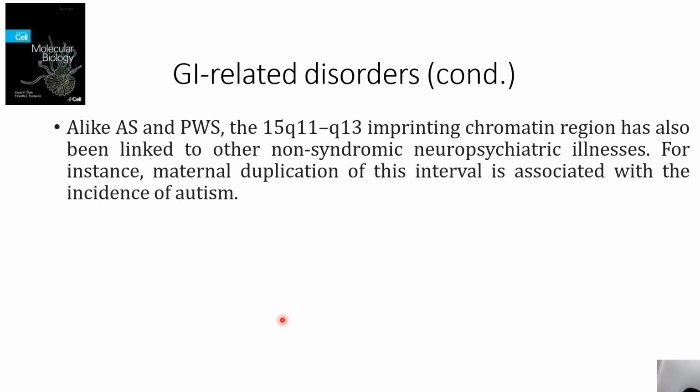Unlike Angelman and Prader-Willi, the 15q11-q13 imprinting chromatin region has also been linked to other non-syndromic neuropsychiatric illnesses. For instance, maternal duplication of the interval is associated with the incidence of autism.